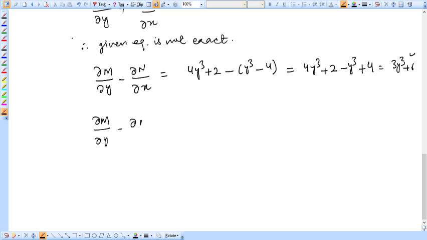this difference by N. Okay, so what is N here?